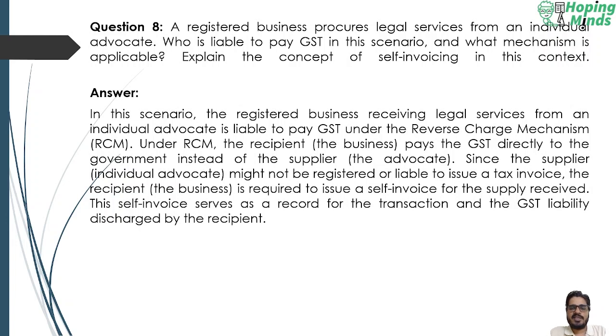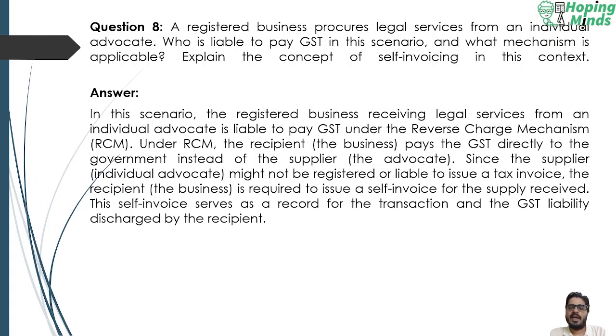Under the reverse charge mechanism, the recipient of goods or services is required to pay GST instead of the supplier. So in this scenario, the registered business receiving legal services from an individual advocate is liable to pay GST under the reverse charge mechanism. Under the reverse charge mechanism, the recipient, that is the business, pays the GST directly to the government instead of the supplier.